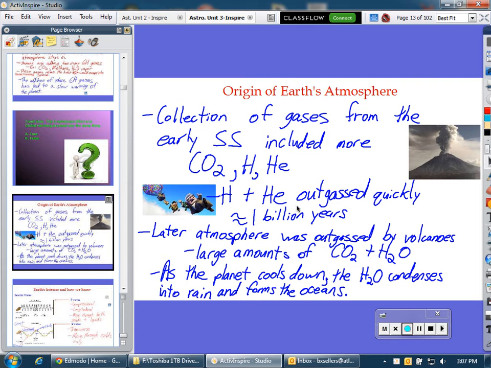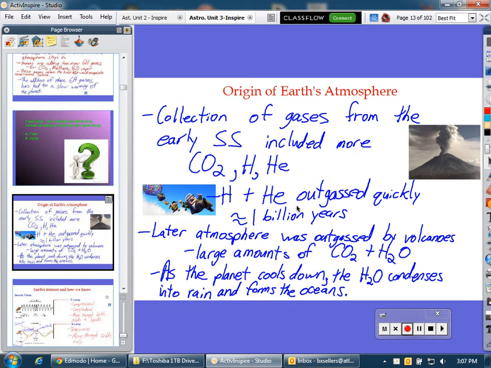Later atmosphere was outgassed by volcanoes, right? The planet's a big giant molten mess, right? So volcanoes start spewing all over the planet at all times, and large amounts of CO2 and H2O, right? Which is common now when we see volcano explosions. We see other noxious things like nitrous oxide and sulfur dioxide and so forth spewed out from volcanoes, and proto-Earth had a lot of those compounds as well.